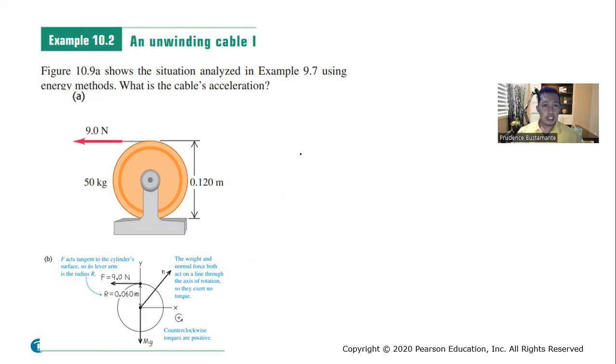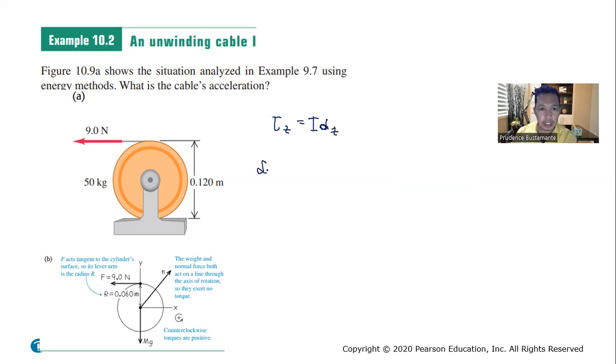Using the definition that the net torque along z is just equal to the moment of inertia of this body times the angular acceleration along z, what is the cable's acceleration?